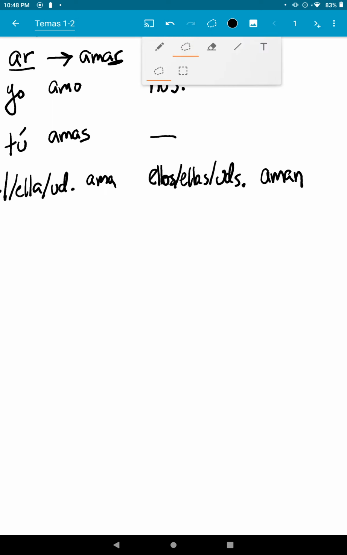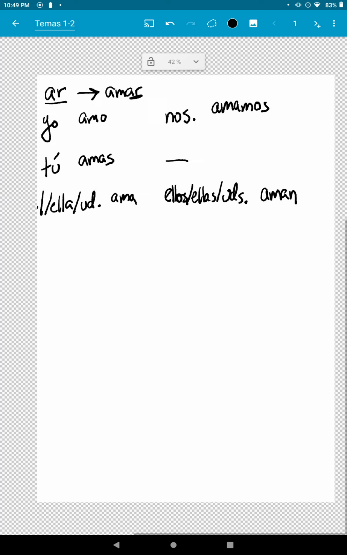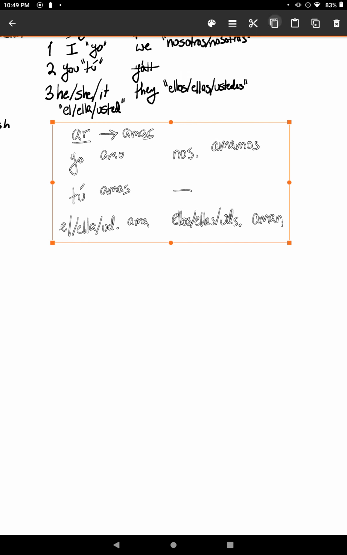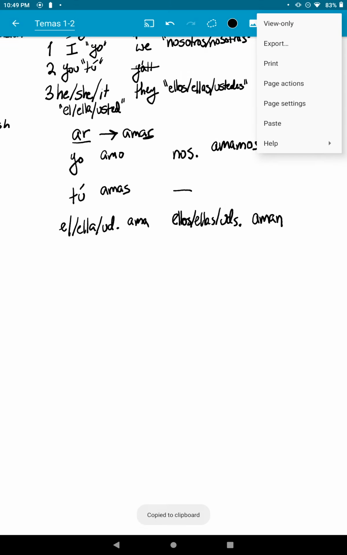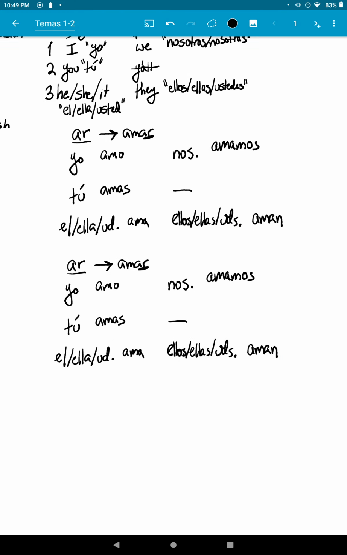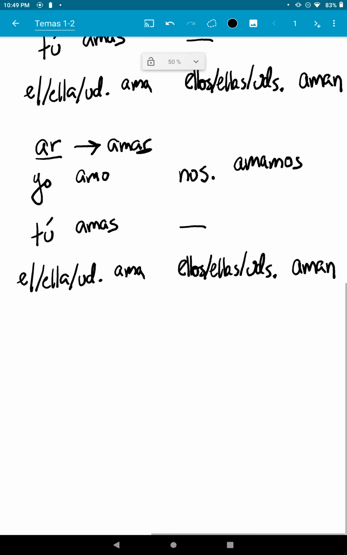There's two other big categories. So we're going to go ahead and take a copy of this and pull it over so that we can hopefully compare the two. So here's my AR, and I'm going to change this to the other big group, which is ER verbs.